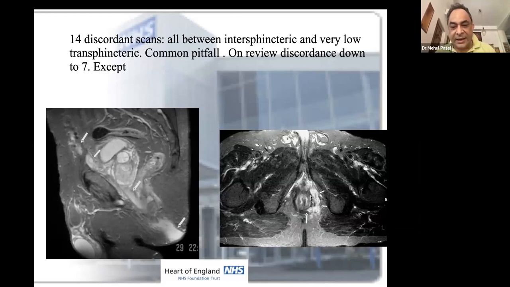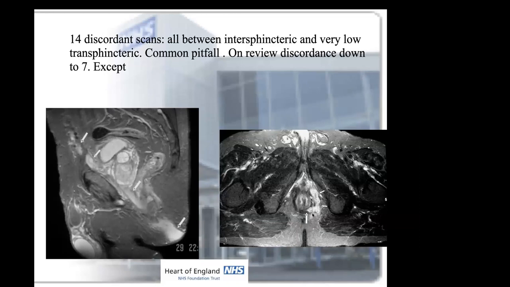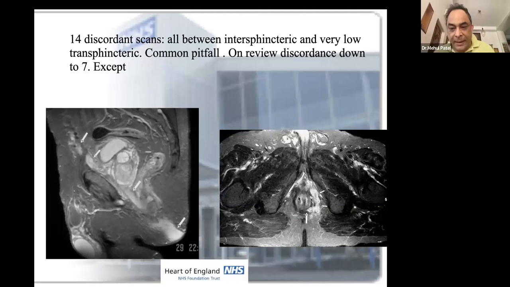And here is the axial. So this is a good picture, Makunda. Here is the internal sphincter, the gray. Can you see? The black is the intersphincteric plane because it is fat suppressed. So the fat has been suppressed. Then the external sphincter is a slightly grayer thing here.